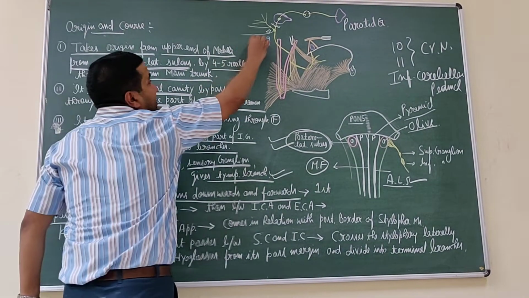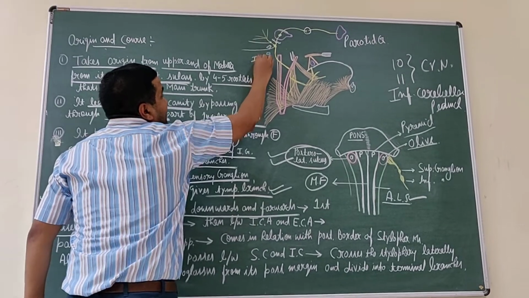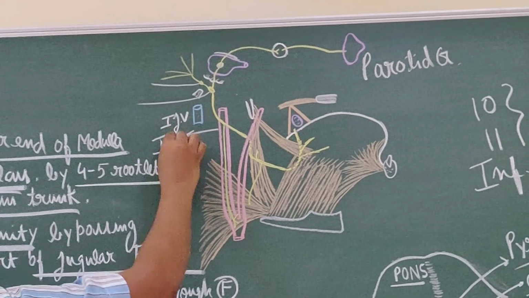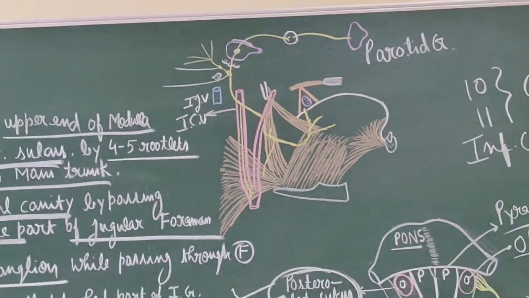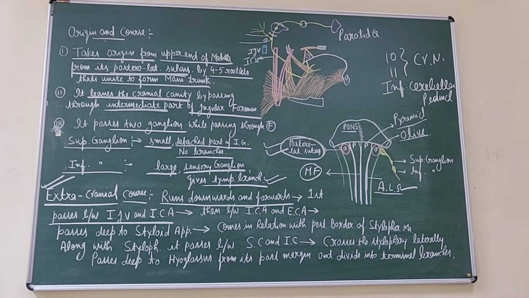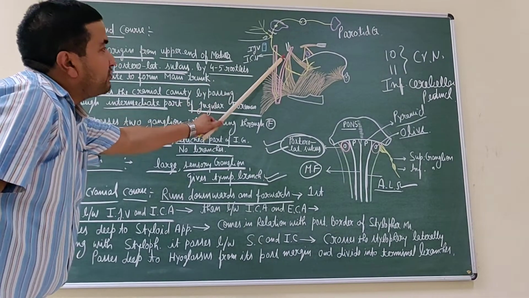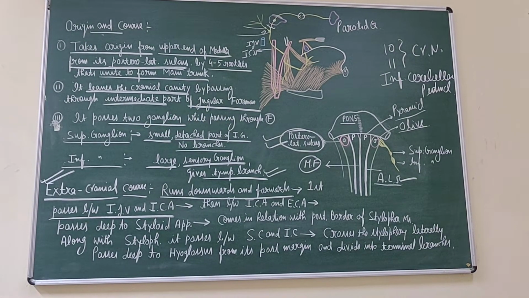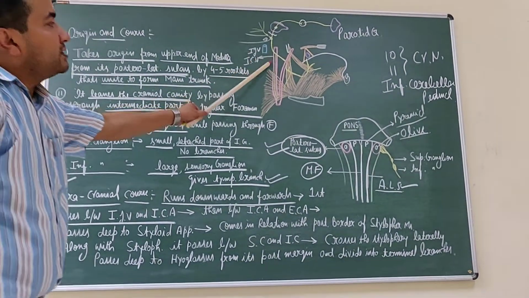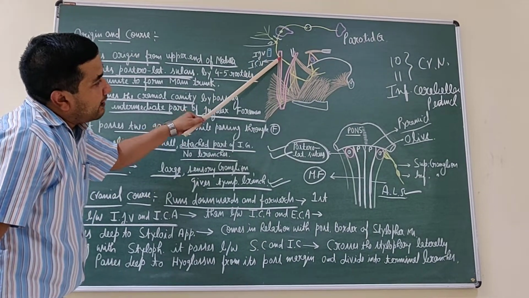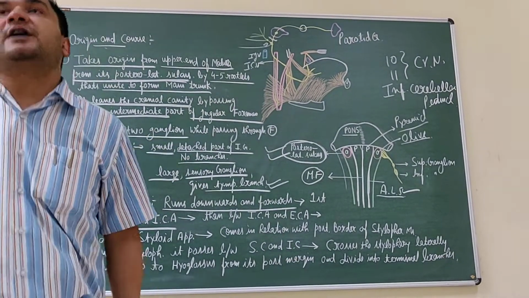This is the internal jugular vein, and this is the internal carotid artery. So it first passes between these 2 structures. Then it passes between the internal carotid artery and the external carotid artery. It comes between the 2 arteries, and during this it passes in front of the internal carotid artery.